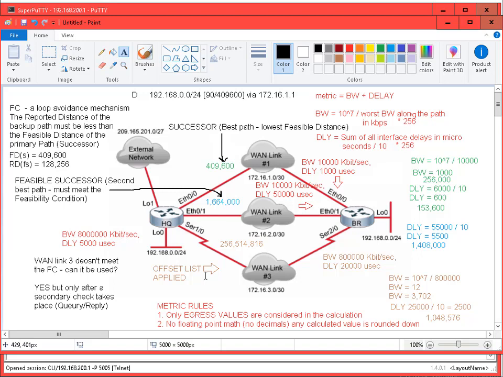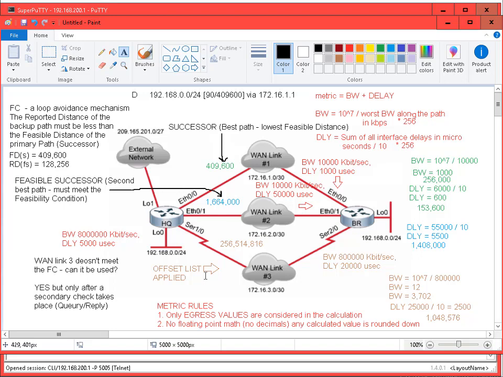All right. What kind of outage time do you think that would be? Oh, we're talking about microseconds for the feasible successor. Depending on the depth of the topology, and we're going to get into the query process, it shouldn't take more than a couple of milliseconds.